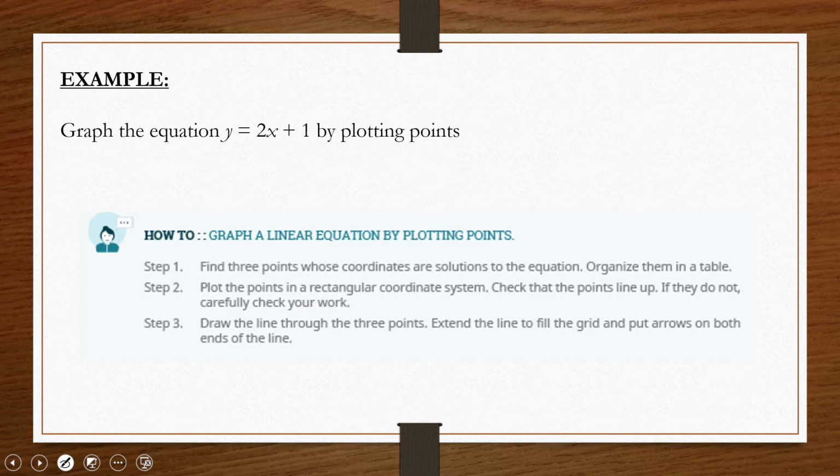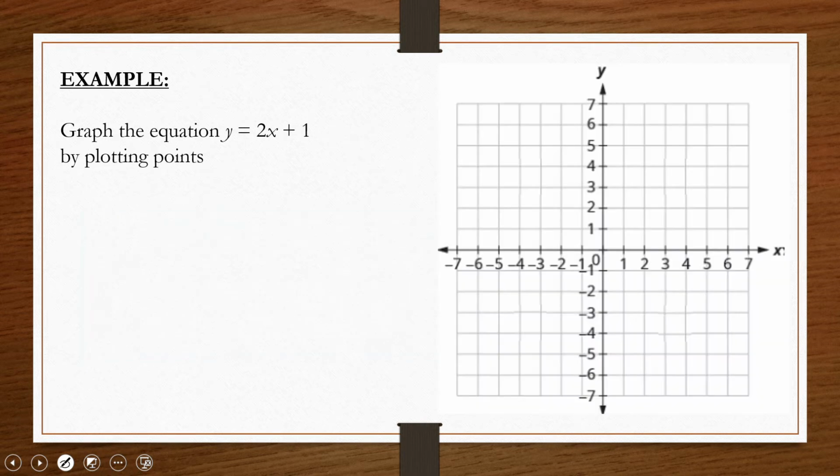Simply select values for the x or y component, make that substitution, and then solve for the remaining variable. Those two x and y values together can be plotted in your graphic. And after you've defined enough of those ordered pairs, you can then infer the linear line. So our equation here is y equals 2x plus 1, and we're asked to graph it by plotting points.